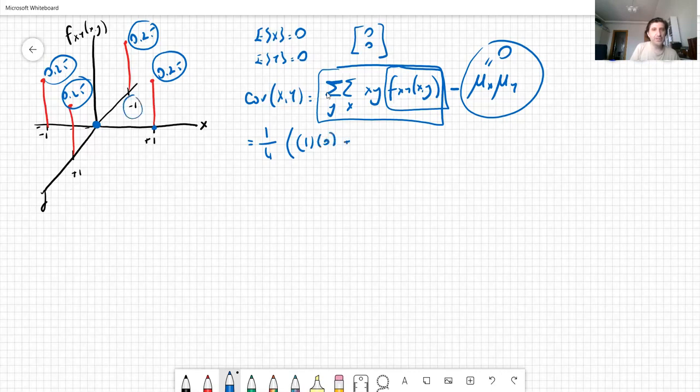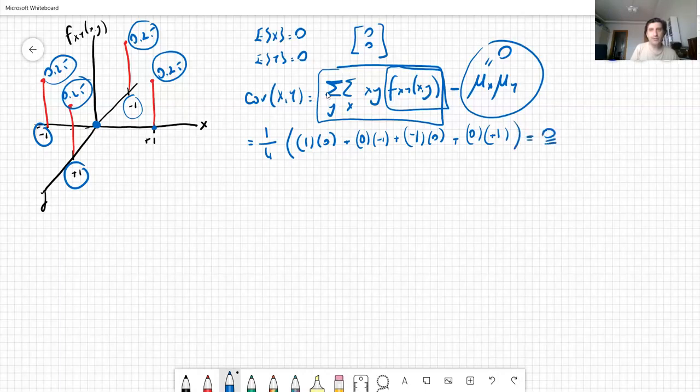Plus, let's talk about this one: Y is -1, but X is 0. And this one is going to be -1 times Y is 0, plus the last point, where X is 0 and Y is +1. So as you can see, we have all zeros here. This is going to be equal to simply 0.